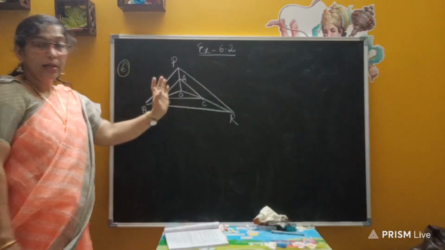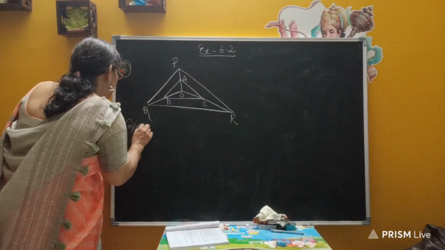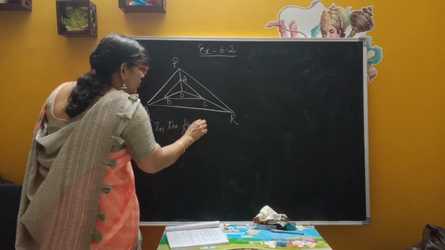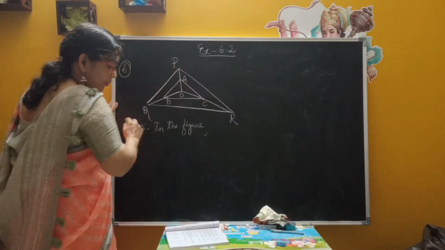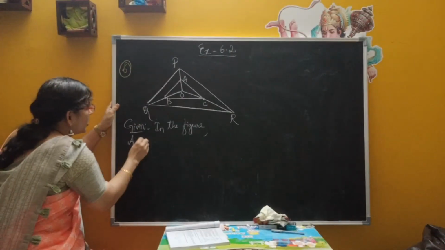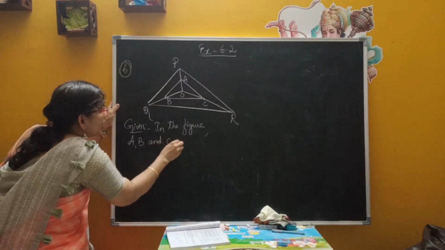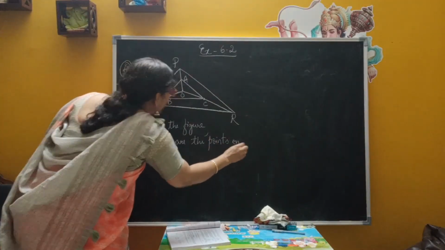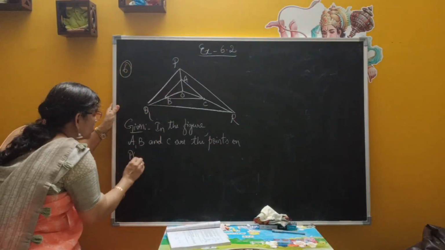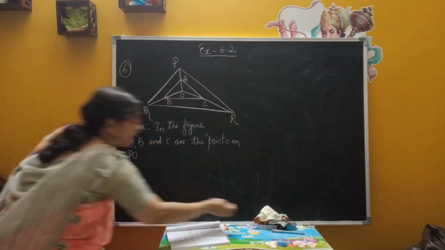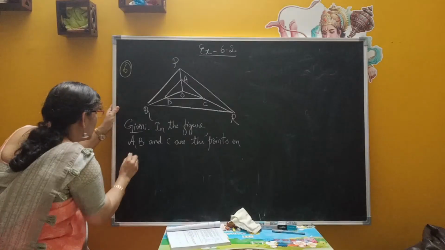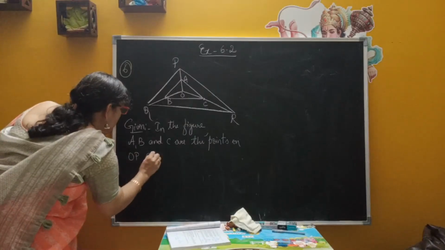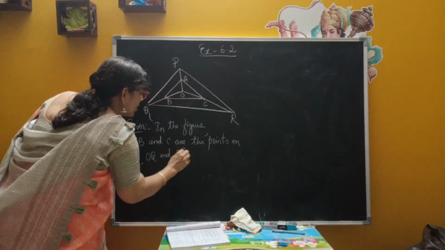In the given part you can write: in the given figure, A, B and C are the points on OP, OQ and OR respectively.